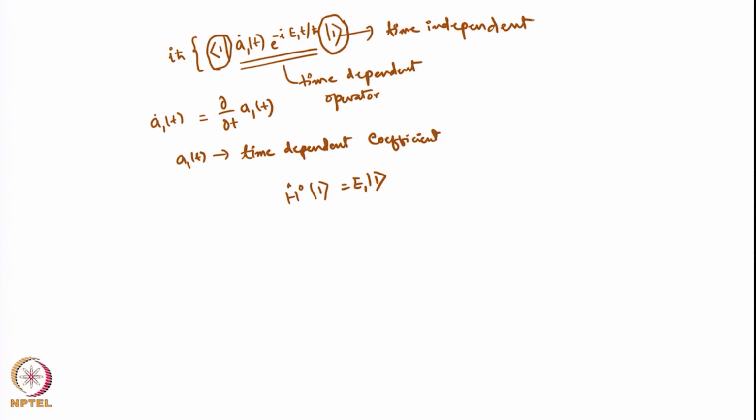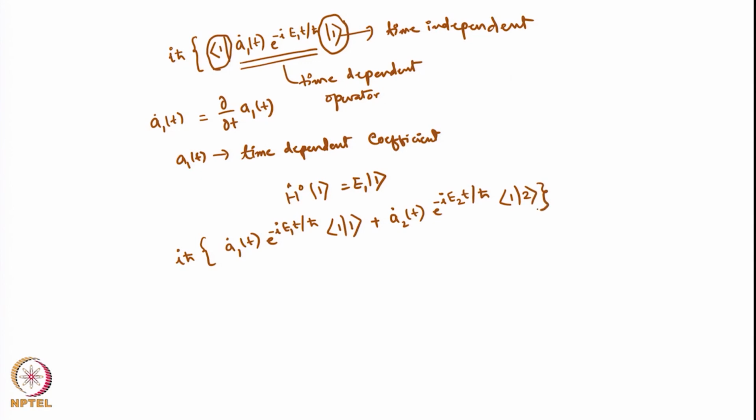Therefore, you can bring the operator outside because it is not going to affect the wave function. So left hand side will have iħ A1 dot(t) e to the power of minus iE1t by ħ ⟨ψ1|ψ1⟩. And the second term, which I have not written here, but by analogy one can write it as A2 dot(t) e to the power of minus iE2t by ħ ⟨ψ1|ψ2⟩. So that will be your left hand side.